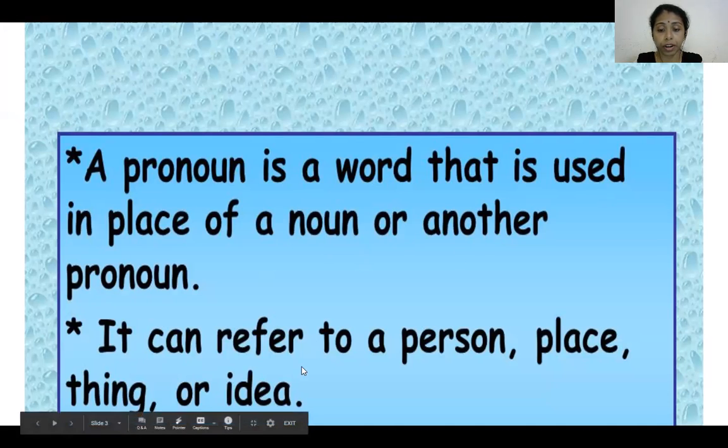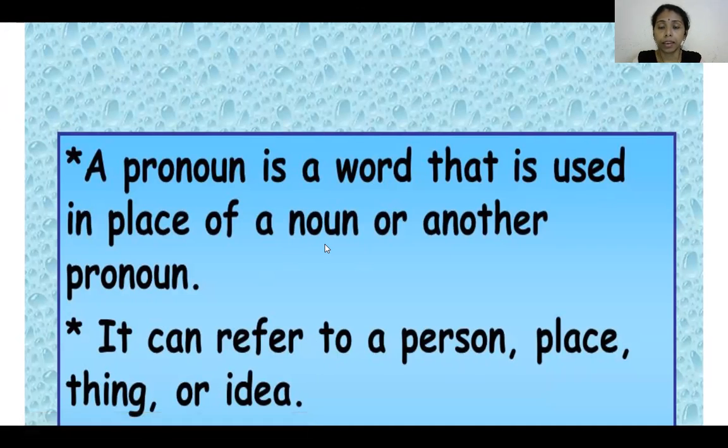It can refer to a person, place, thing, or idea. That means in the sentence, instead of using noun again and again, you can use pronoun. At the place of noun, you can use pronoun.